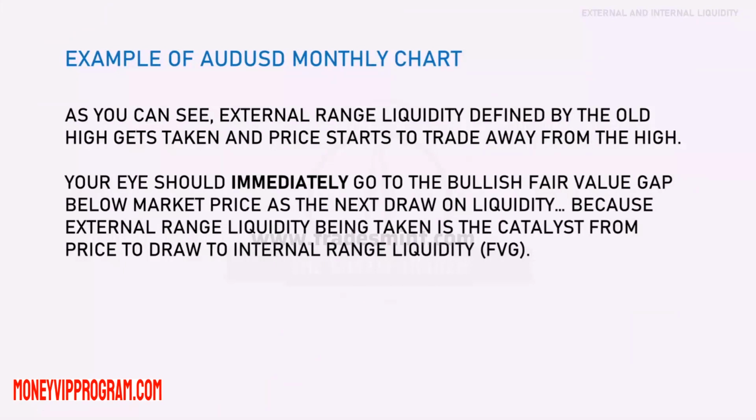Example of AUD/USD monthly chart. As you can see, external range liquidity defined by the old high gets taken and price starts to trade away from the high. So your eye should immediately go to that bullish fair value gap below market price as the next drawn liquidity, because external range liquidity being taken is the catalyst for price to draw to internal range liquidity, which is that fair value gap.